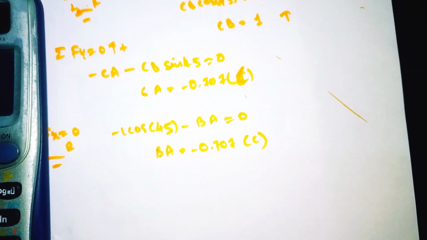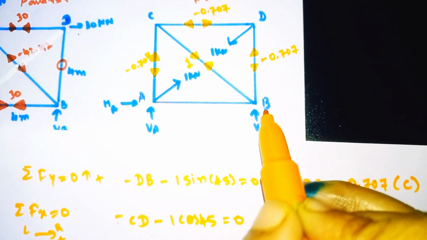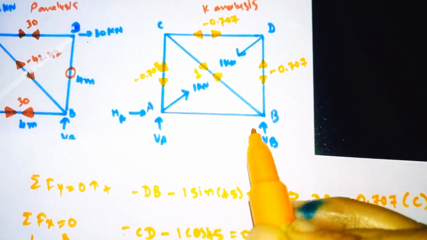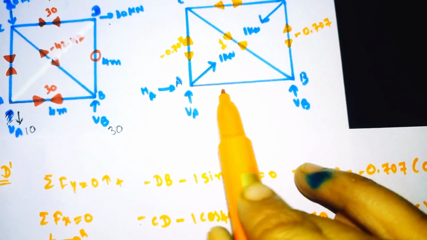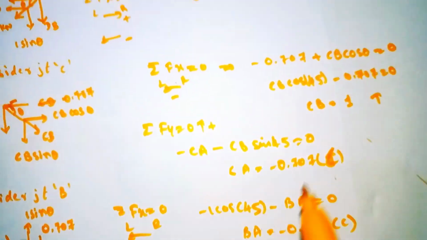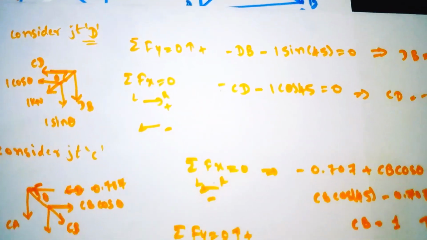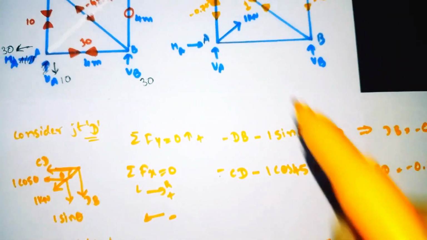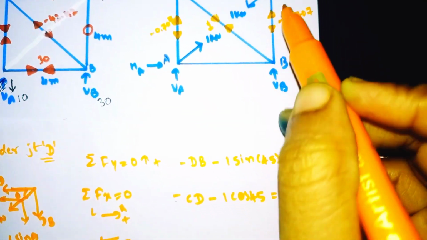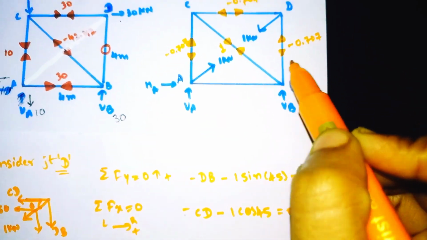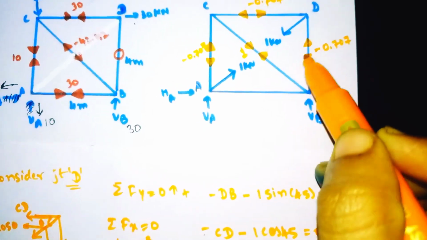Compression means away from each other. See here for joint B, we need to find only this member, that is AB. So now we have got the BA value, which is minus 0.707. We don't need to find our BD value because we already calculated the force of this member.